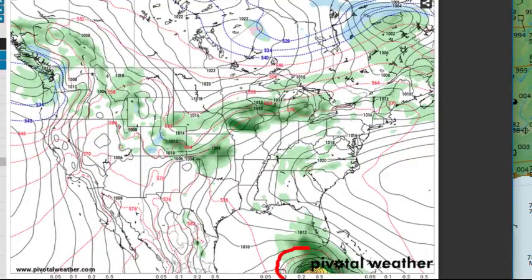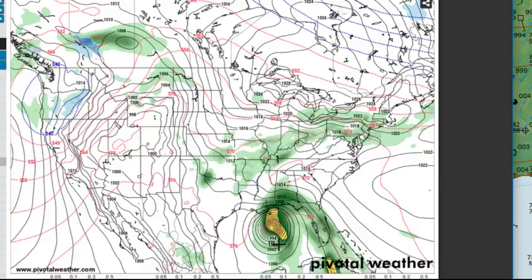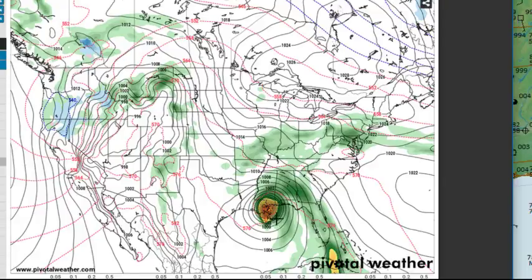It looks like the models are still persistent with that, and it tracks that up into the New Orleans area. This is 300 hours out, so I would not count on that until we get maybe into the 150 to 200 hour point. Then I would start looking at that a little more carefully. But anyway, it does look like a possibility of a hurricane somewhere in the Gulf of Mexico.